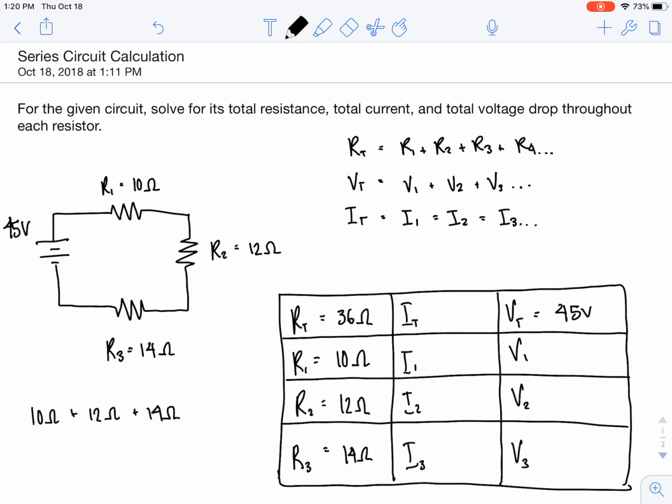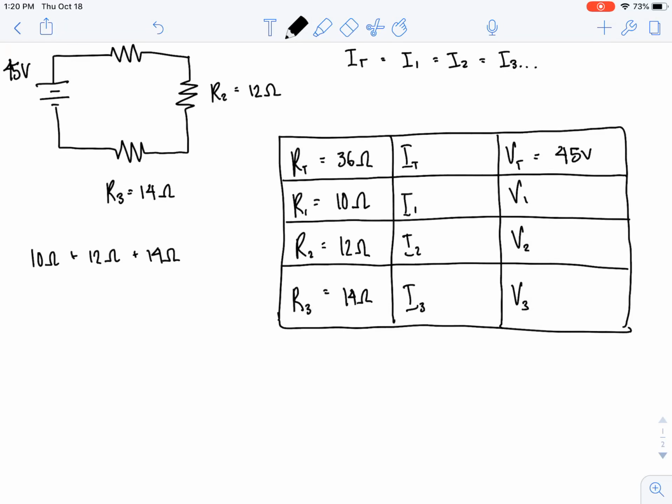So now I have most of the things filled out on the left. Now I'm missing the current total. If we go back to the Ohm's law video, we know that we have this triangle, V, I, R. To find I, I'll cover it up.